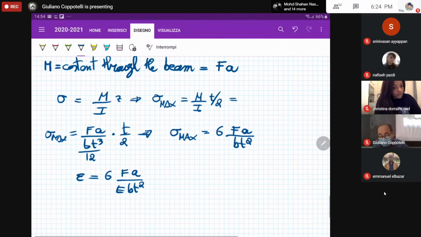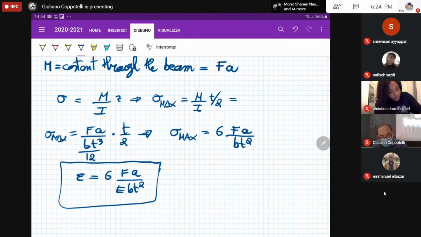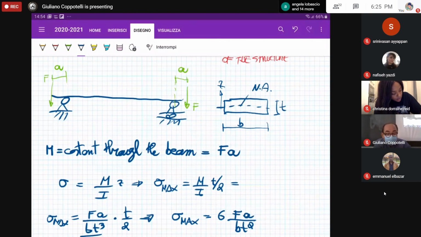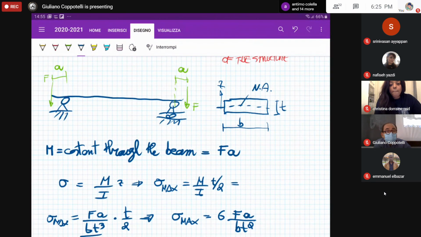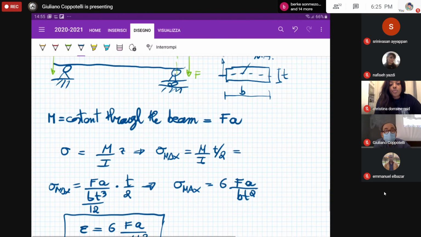And that is the very nice relation that is currently used to estimate the strain undergone by such a kind of structure when loaded with a bending moment in the way that I just drew before.